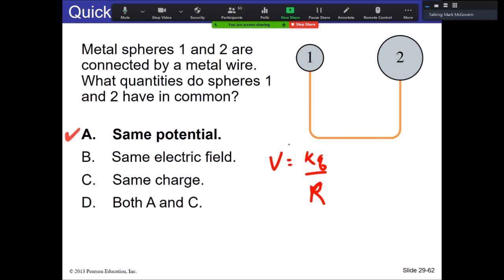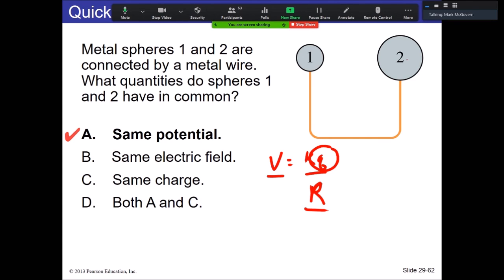Now, guess what? They are at the same potential, but they have different size radii. Therefore, the charge can't be the same on them. So the idea is that for a larger radius, you could have a larger amount of charge, as long as this ratio is obeyed.